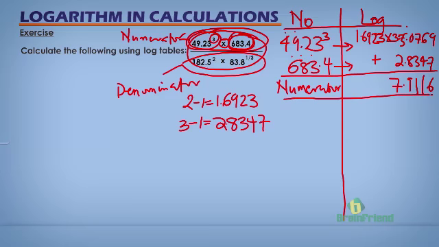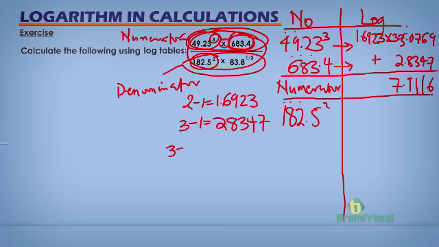Let's go ahead to try to also find a value for our denominator. So once again, we'll take each number one after the other. We have 182.5 squared. To get the logarithm of 182.5, we'll first get the number of digits in the integral part of our given number as 3 digits.